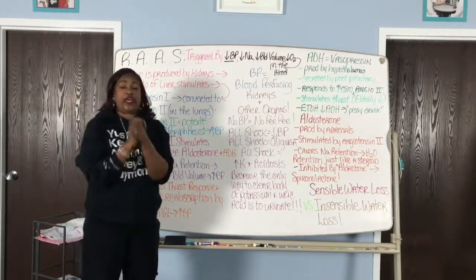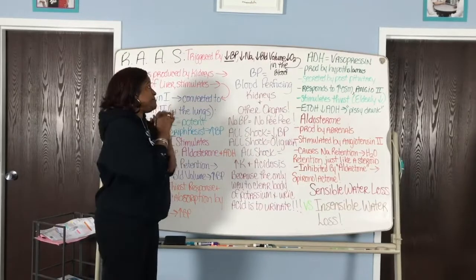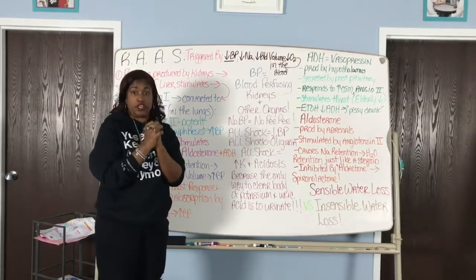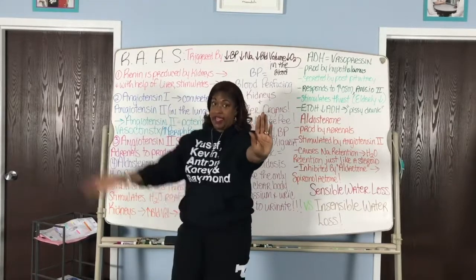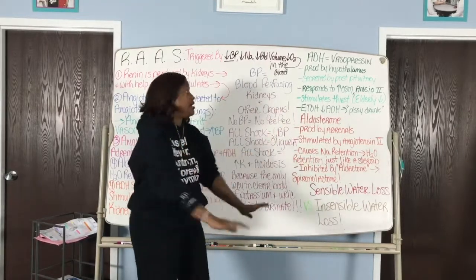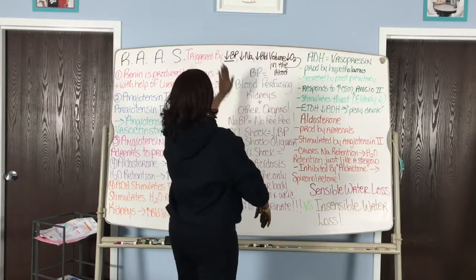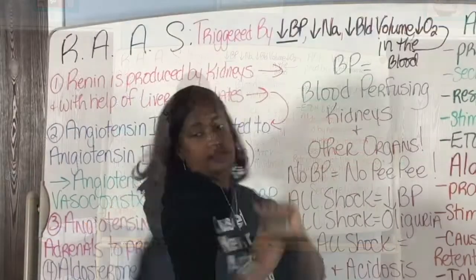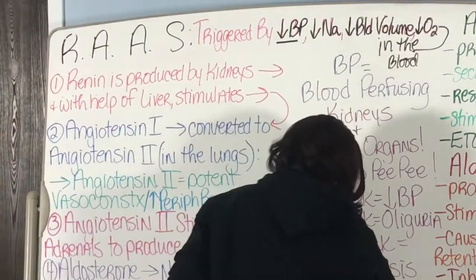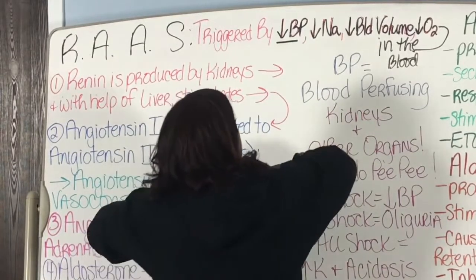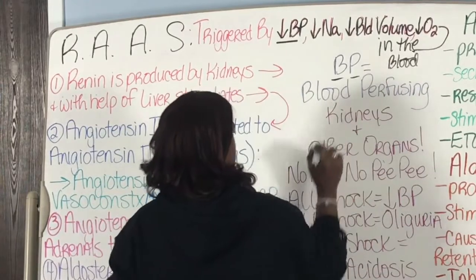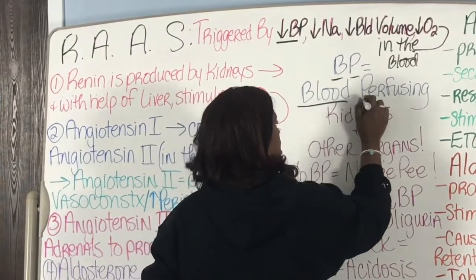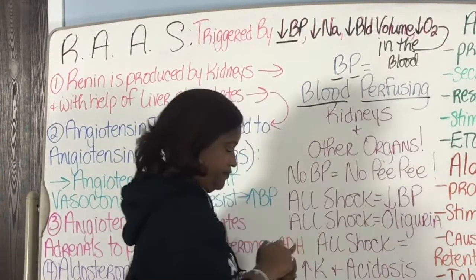When we look at a low blood pressure, there are many, many times when a blood pressure is low. And what I teach you is that the B and the P means blood perfusing. The B and the P means blood perfusing.